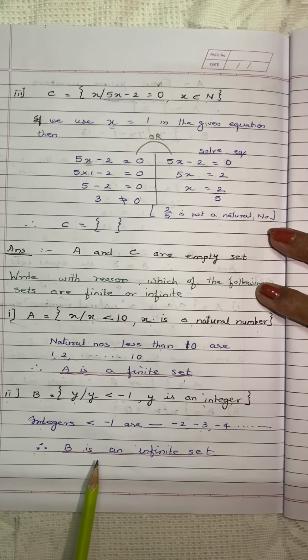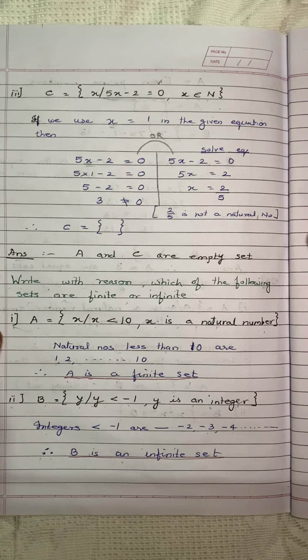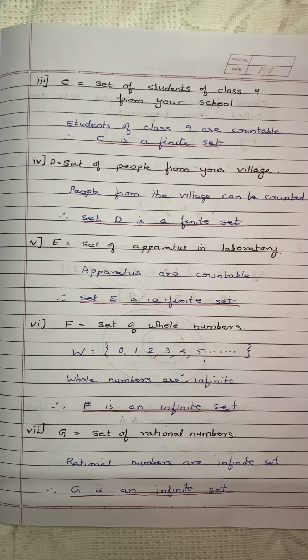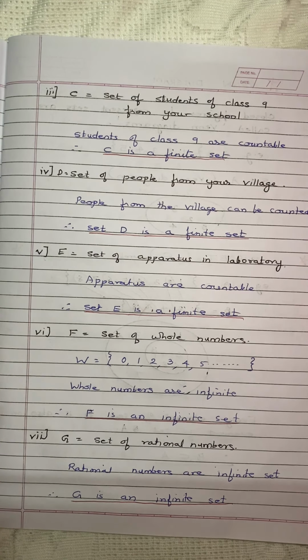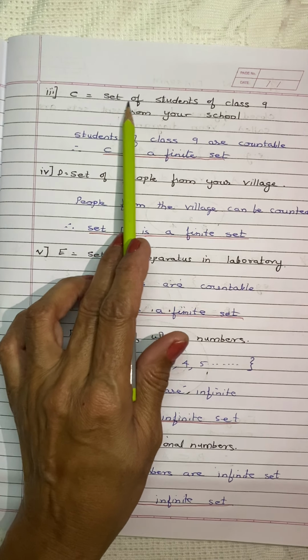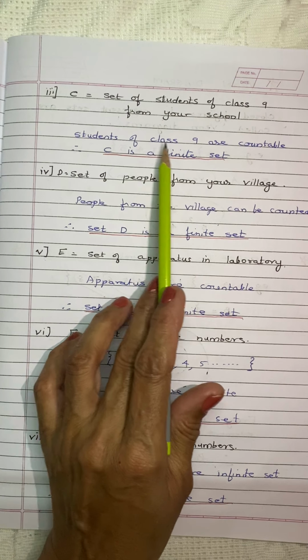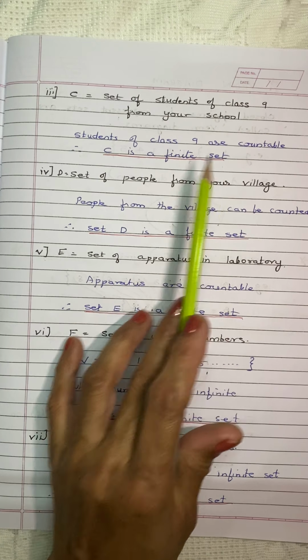Therefore, B is an infinite set. Sub question 3, C is equal to the set of students of class 9 from your school. Students of class 9 are countable, therefore C is a finite set.